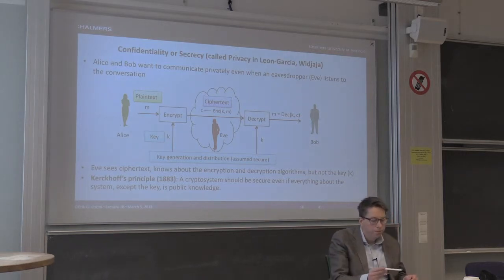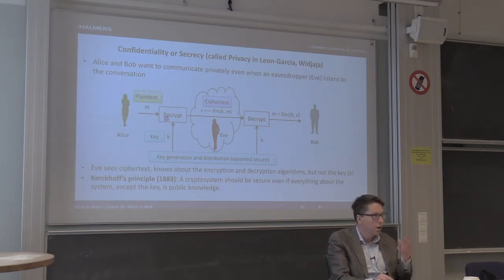Because if the security relies on this mechanism for encryption being secret, then that would be bad, because as soon as this is leaked somehow, the security system is compromised, and then we need to replace the entire system. So it's not a very good way of doing it.